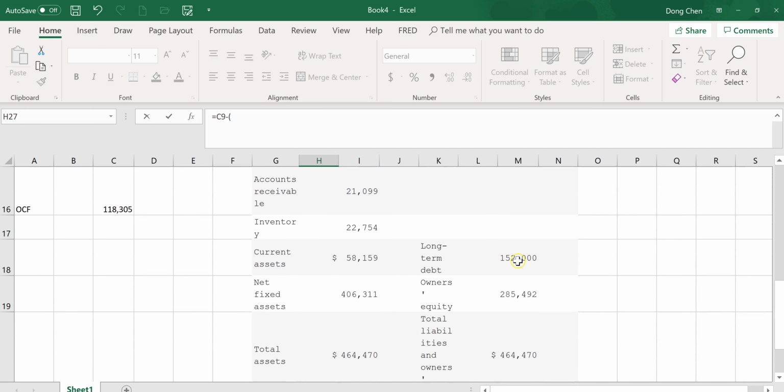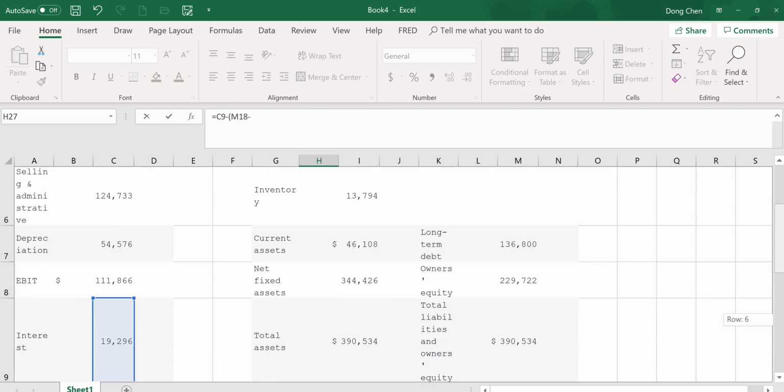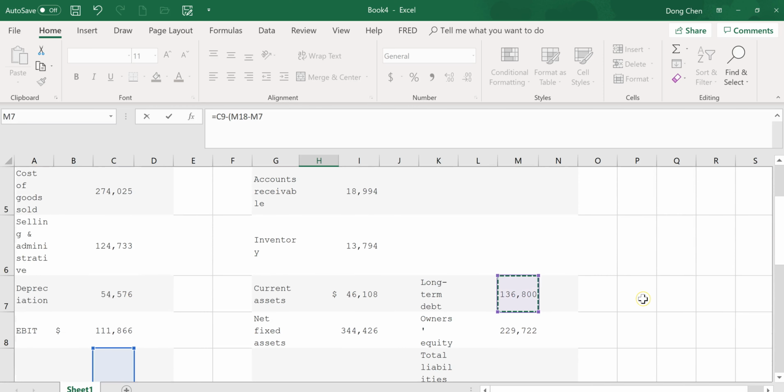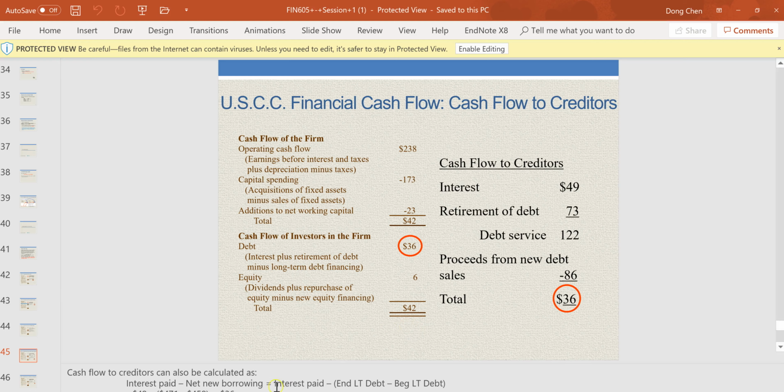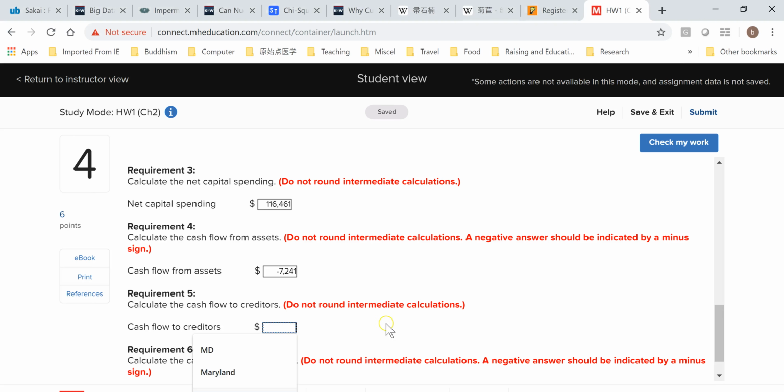That change is the level of 2017 minus the level of 2016. That's my cash flow to creditors. So copy that number back.